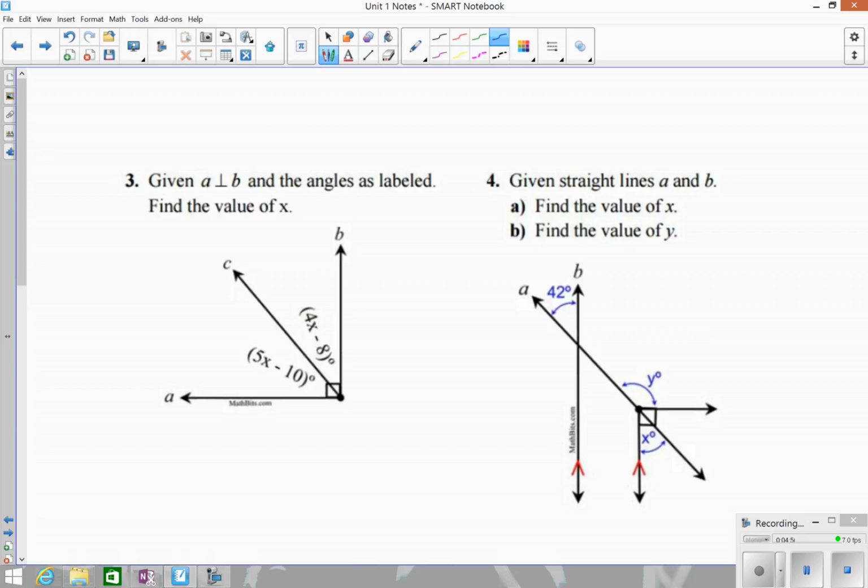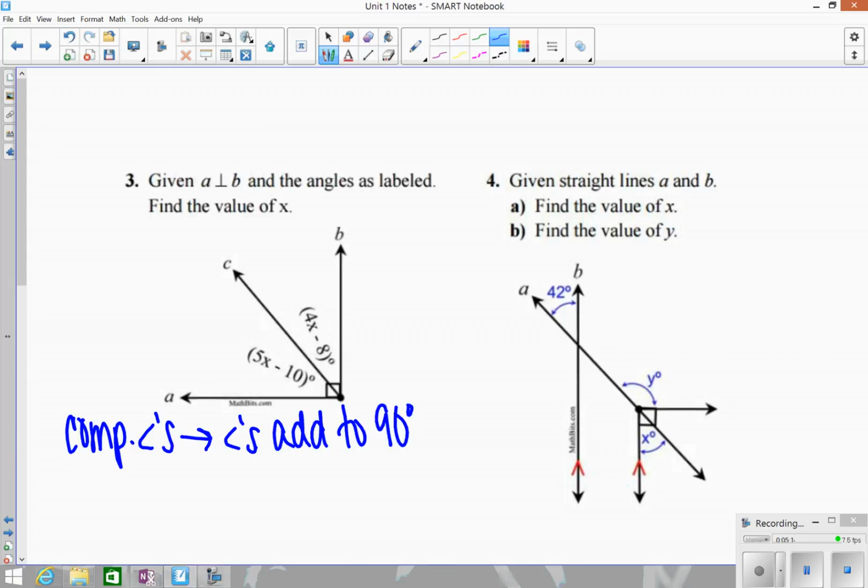So since we have a right angle, the angles are going to add to 90. So I'm just going to say that they're complementary. Complementary angles means that the angles add to 90. And that's because it's telling us that the lines are perpendicular.